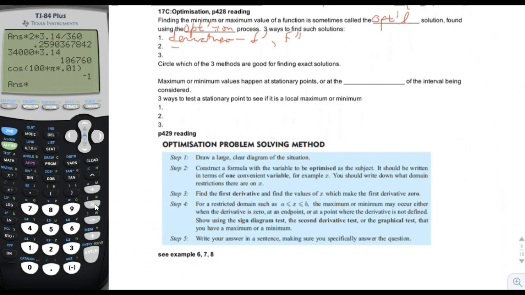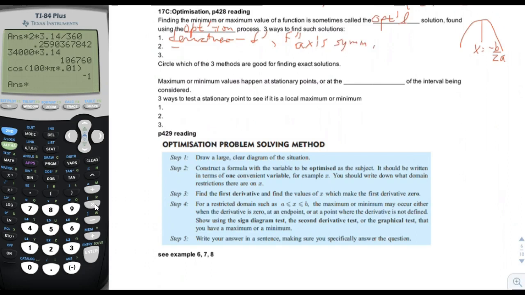We could find the optimal solution by finding the axis of symmetry of the quadratic, because the optimal solution is either the highest or the lowest point, and we could use x equals negative b over 2a to find the optimal point of the parabola, for example.